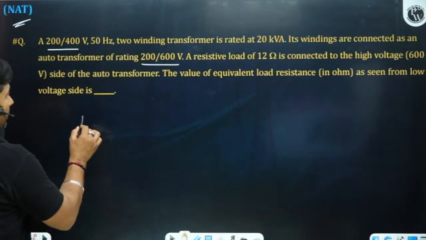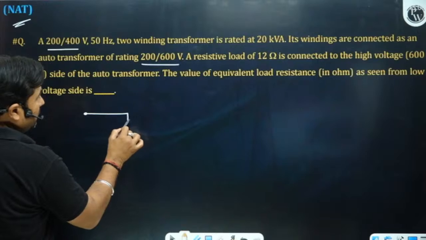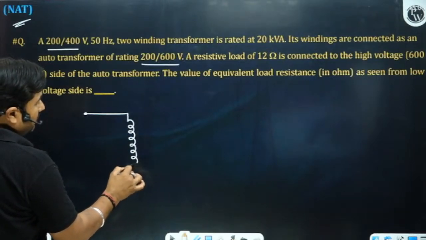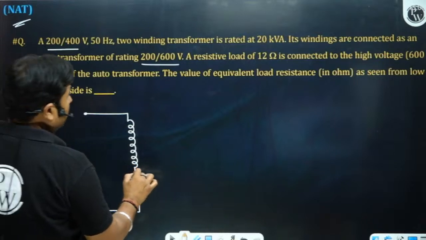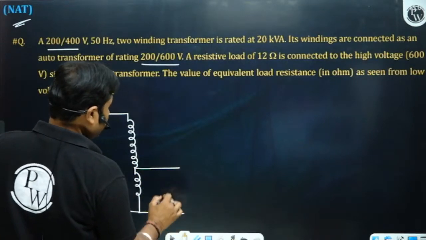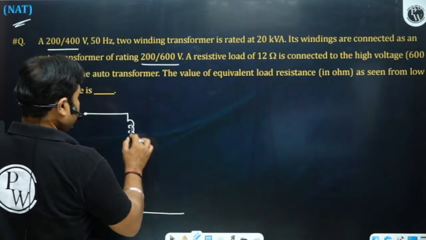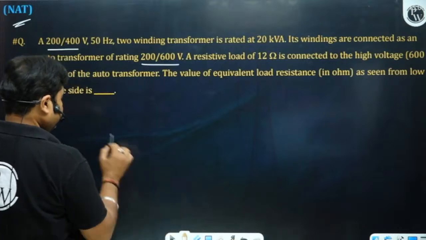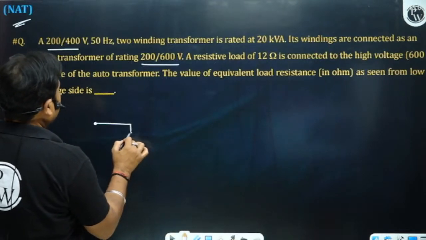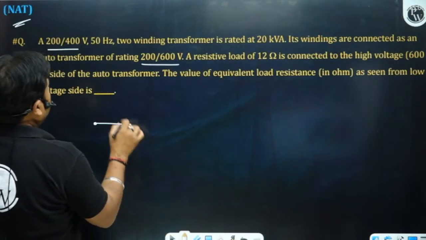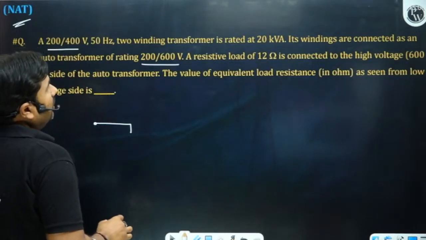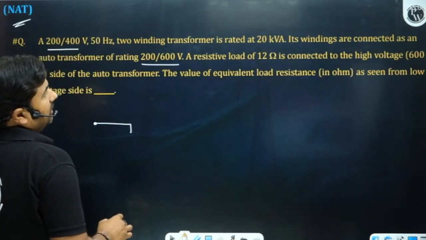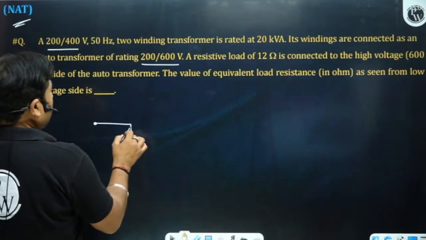So we have an auto transformer here. This auto transformer is of 200 by 600 volt. The two winding transformer is 200 by 400, rated 20 kVA.